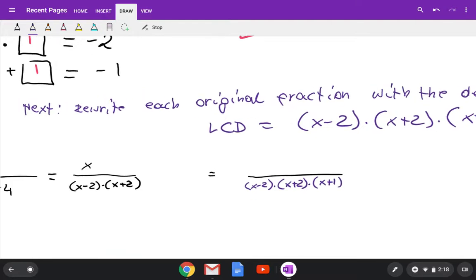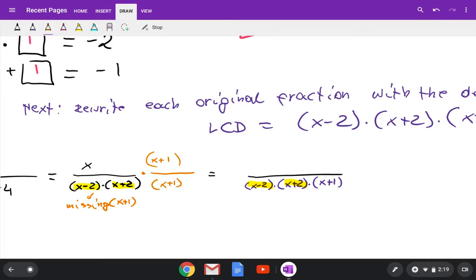Let's notice that our original fraction already has x minus 2 and x plus 2. So to build that new denominator, we are only missing x plus 1. So we're going to multiply top and bottom of the original fraction by the missing factor from the LCD, which is x plus 1.